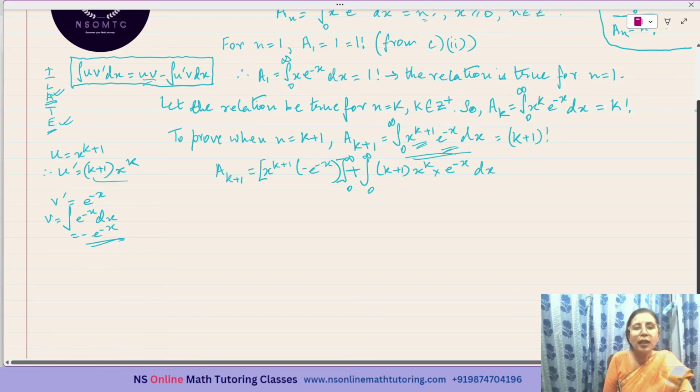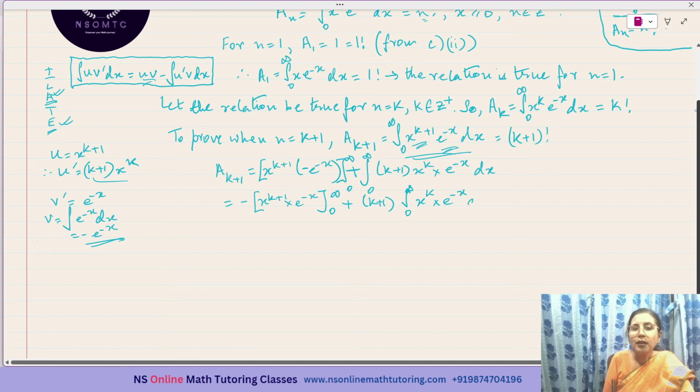So this is equal to, I'm taking out this minus sign, x to the power of k plus 1 times e to the power of negative x from 0 to infinity, plus k plus 1, which I can take out because it is the coefficient, it is a number, times the integral from 0 to infinity of x to the power of k times e to the power of negative x.